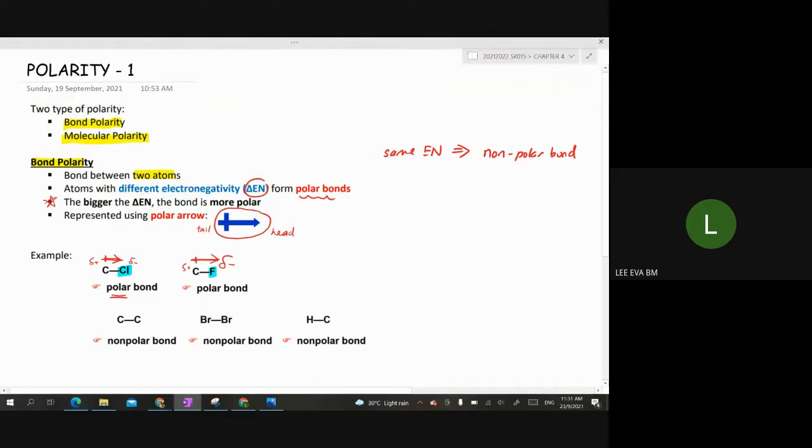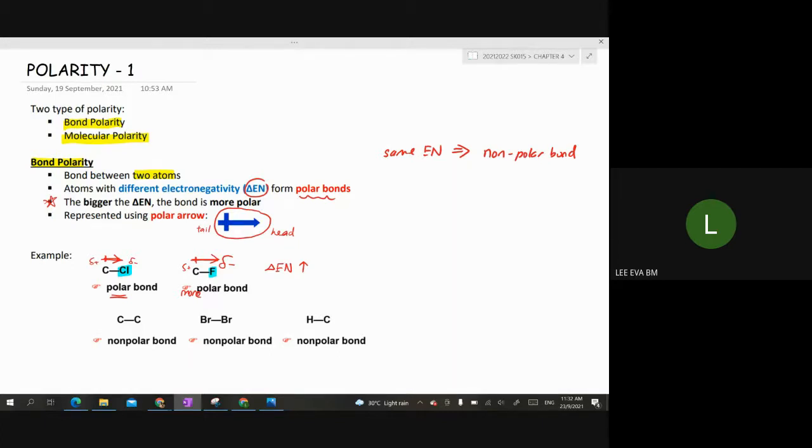Sebab sekarang ini delta EN between carbon and fluorine is much bigger compared to the C-Cl bond. So kalau awak nak compare antara C-Cl dengan C-F, C-F is more polar bond. Tapi dua-dua adalah polar bond.